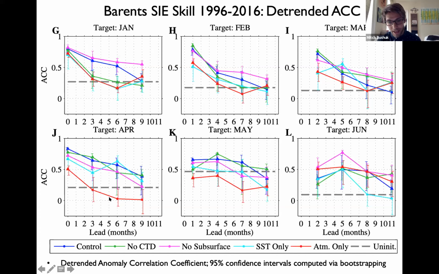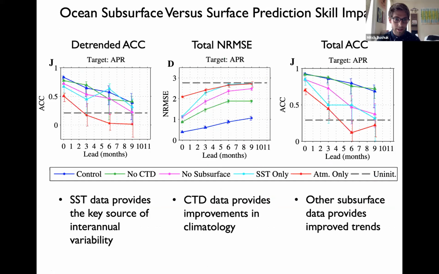Generally, the red line, the atmosphere-only run, has the lowest skill. But what we find is that any run that assimilates sea surface temperatures has a similar detrended anomaly correlation coefficient. So putting this all together, the fact that SST is able to get you the same detrended ACC suggests that it's really the SST data that's providing the key source of interannual variability in this region.